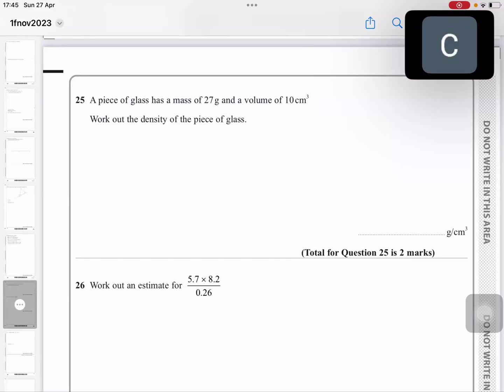So now let me give you a clue of why I had to say 27 divided by 10. Can you see the unit for your answer, the expected unit for your answer? Grams per cubic centimeters.